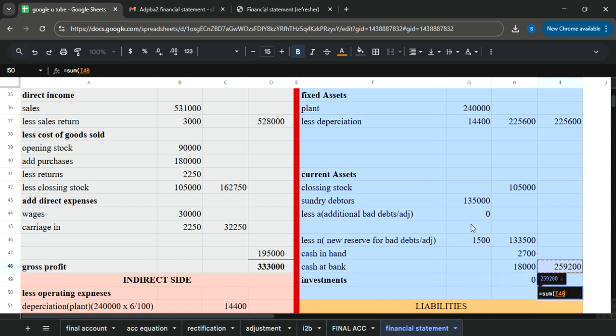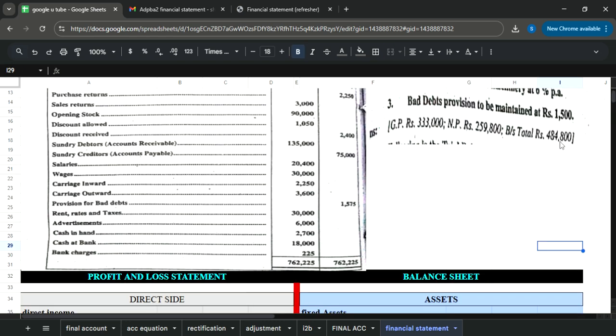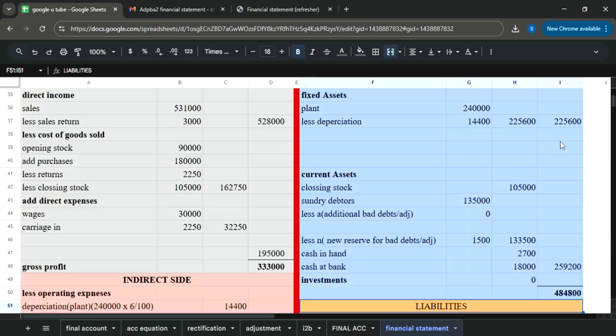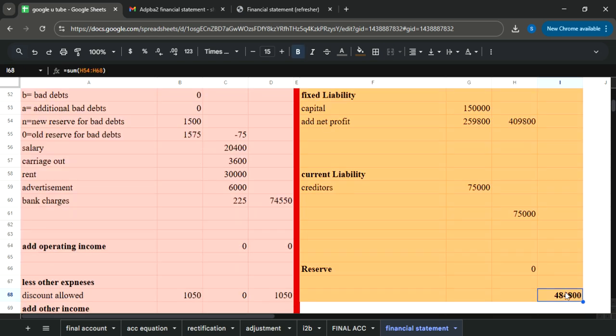And finally you can take sum of your current assets, reserves, sorry, investments and fixed assets. So we have got 484800, and here you can see 484800, and our asset side 484800, and liability side 484800.